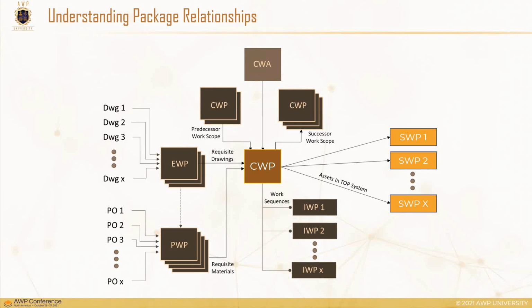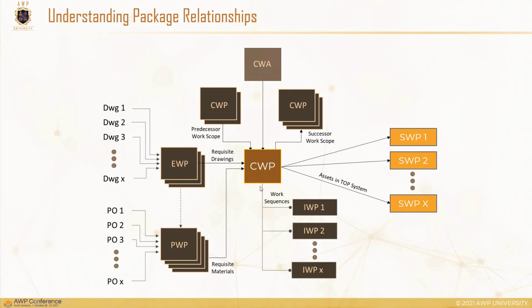So from a CWP point of view, what are all the effects? What are all the packages tied to it? And what are the inputs and outputs to it? From the CWP, obviously, predecessor CWP work and successor CWP work are heavily influences on the CWP. The CWA is the parent to the CWP, so multiple CWPs will make up the entirety of a CWA. CWPs don't cross boundaries of CWAs, so the CWA is the parent of many CWPs.